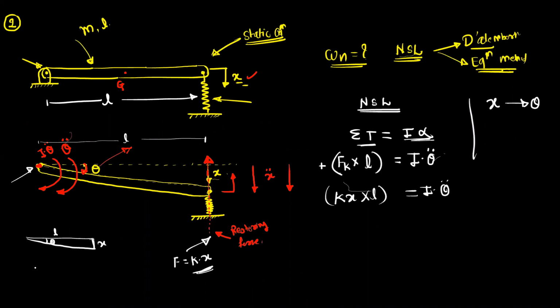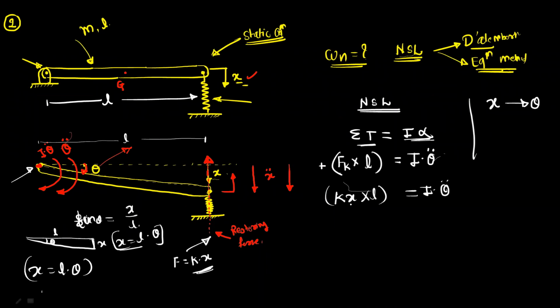Use tan theta, sorry, instead of sine theta, use tan theta. Tan theta is opposite side upon adjacent side, and for a very small angle theta, tan theta is approximately theta. So x is equal to L into theta. By this relation, we get x is equal to L theta.